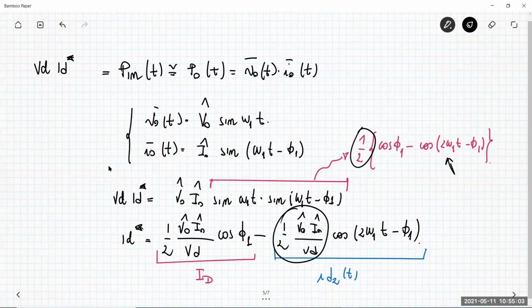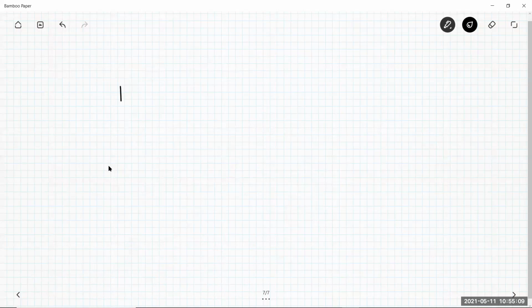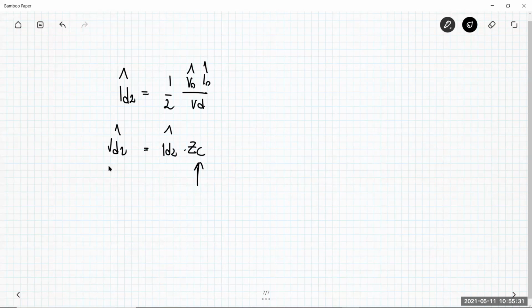Just let me put it this way: ID2 peak is 1/2 V naught peak I naught peak divided by VD, flowing into a generic impedance, provides you a voltage drop. ZC is a generic impedance to which this current can flow.